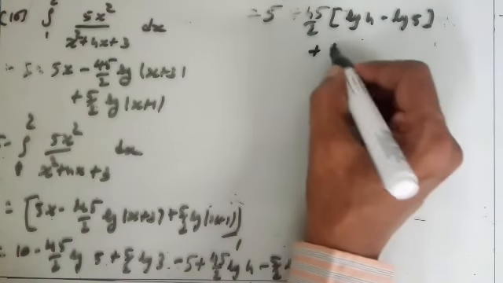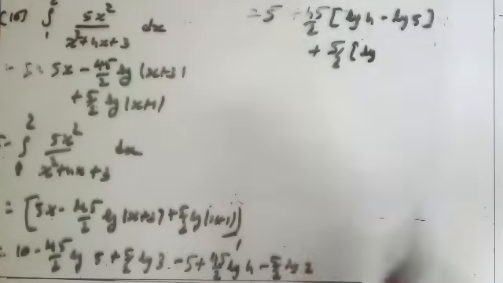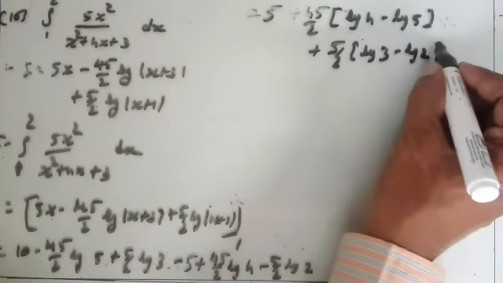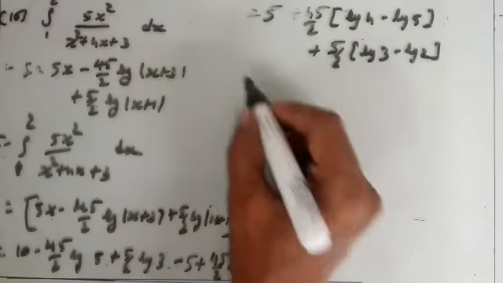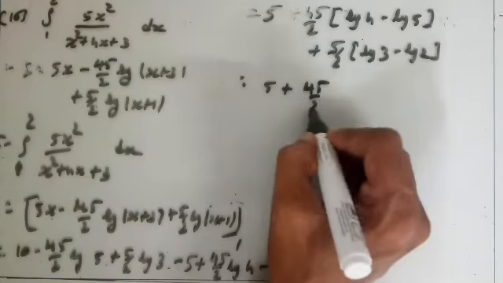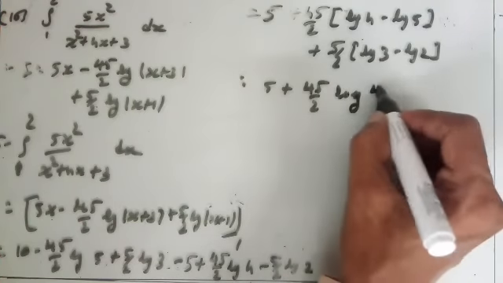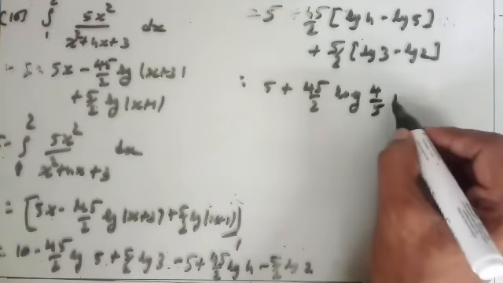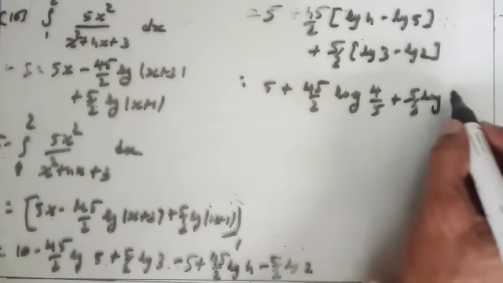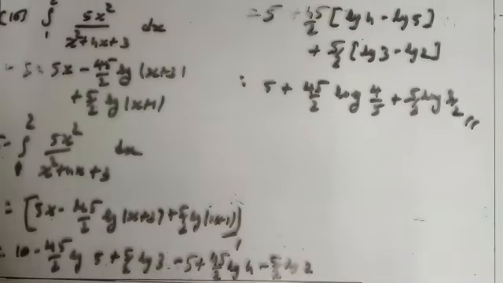So plus 5/2, log 3 minus log 2, is equal to 5 plus 45/2 log(4/5) plus 5/2 log(3/2). Answer. Clear?